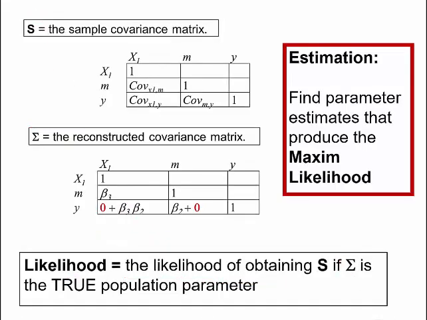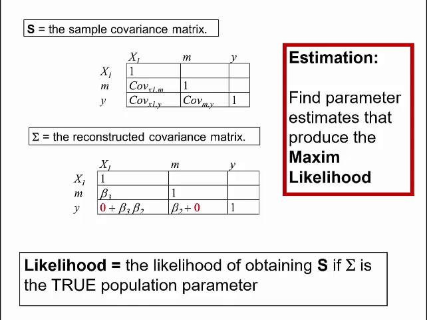So putting it all together, we can compare how we calculate parameter estimates when we're doing ordinary least squares regression and how we calculate parameter estimates when we're doing structural equation modeling. With ordinary least squares regression, if you recall from our previous units when we talked about regression, we calculate intercepts and slopes that will minimize the sum of the squared error.